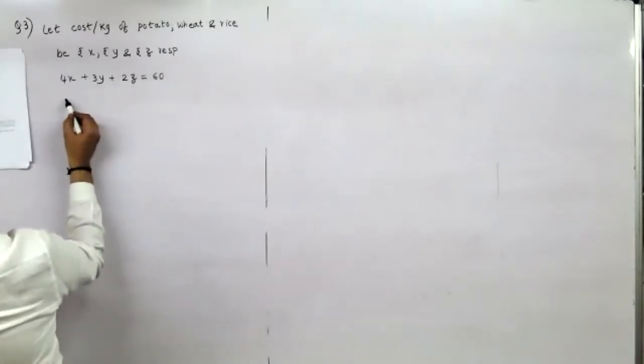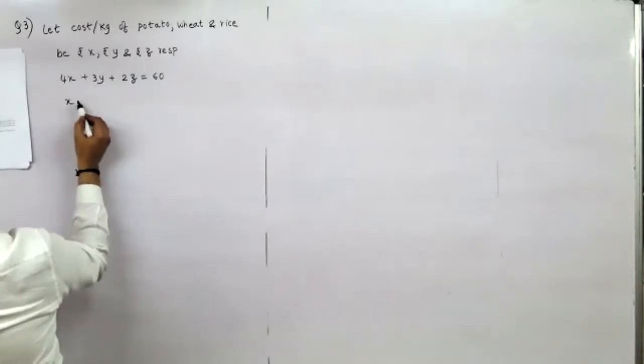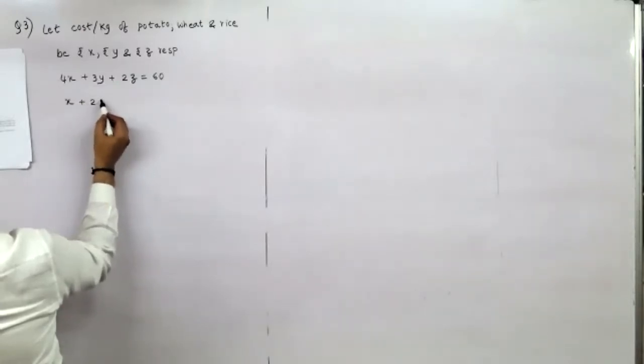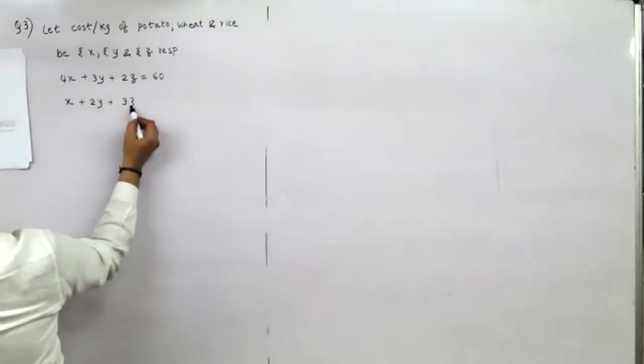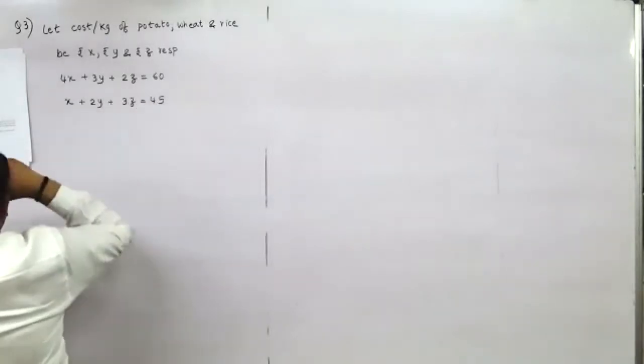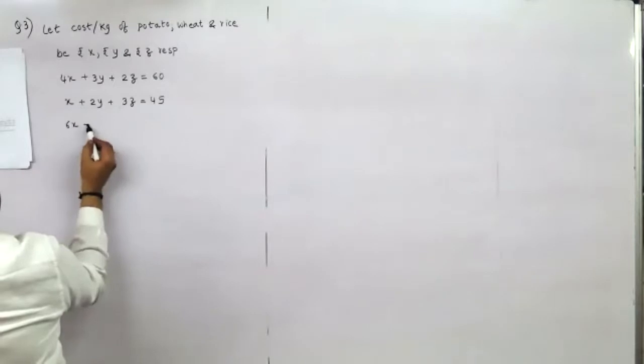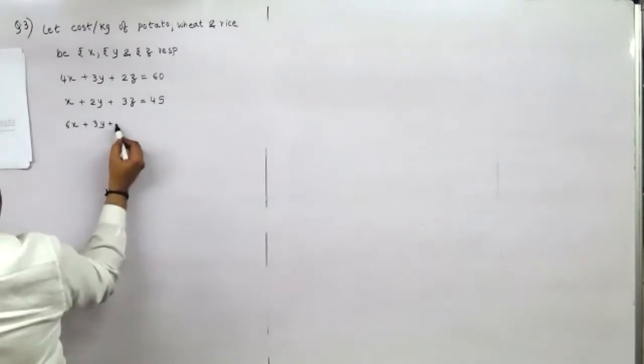Cost of 1 kg potato X plus 2 kg wheat 2Y plus 3Z equal to 45. Cost of 6 kg potato 6X plus 3Y plus 2Z.